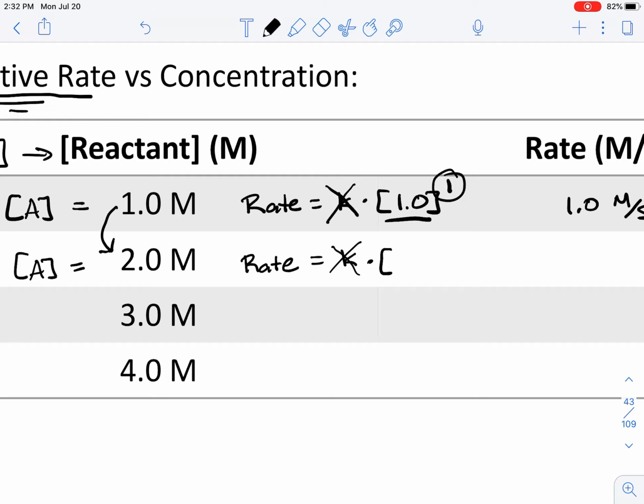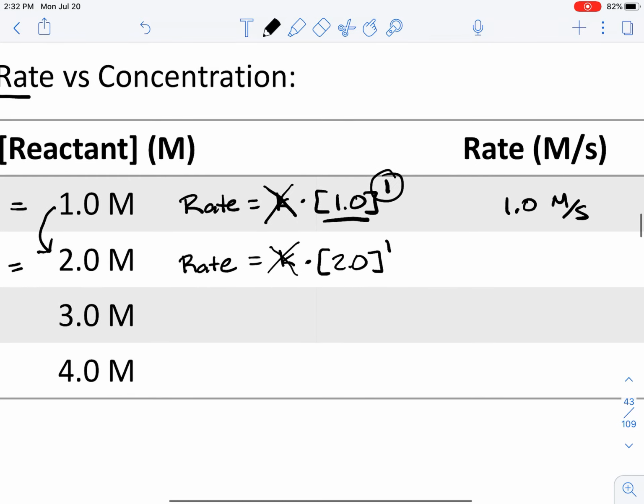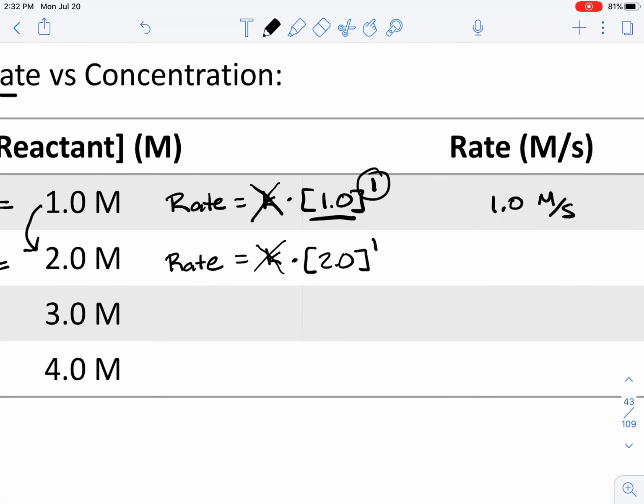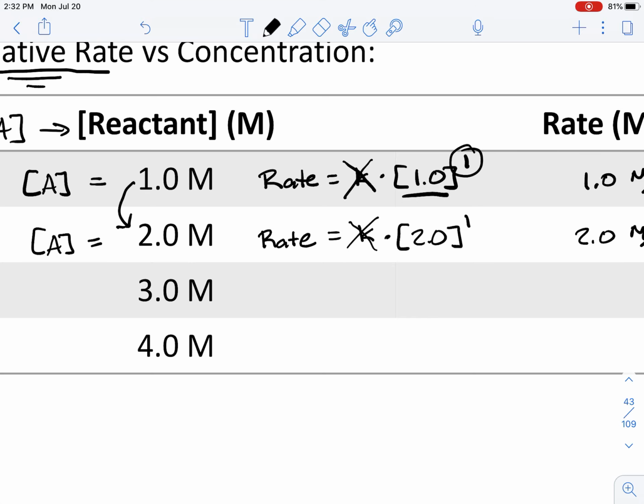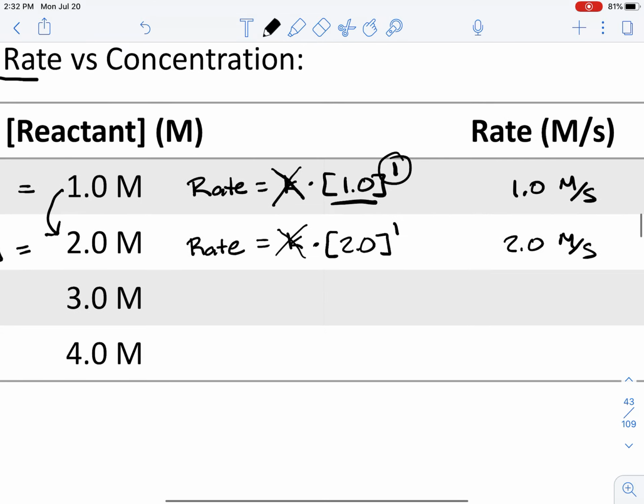That's going to be 2.0 raised to the first power, which is going to be 2.0 molarity per second. Now, if you follow this logic, the relative rate is going to be 3.0 when the concentration is 3.0 molar, and 4.0 molarity per second when the concentration is 4.0.